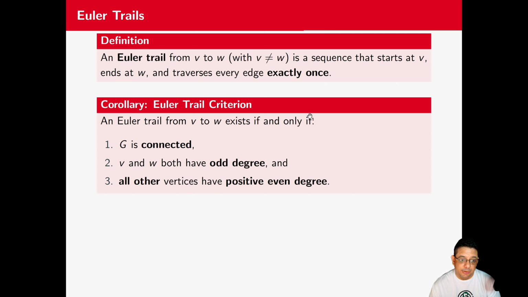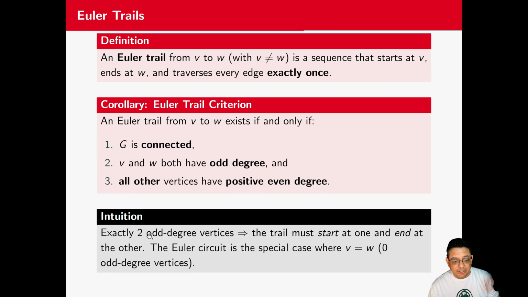A corollary of the Euler trail criterion is that an Euler trail from B to W is going to exist if the graph is connected, B and W both have odd degree, and all the other vertices have positive even degree. So exactly 2 odd degree vertices means that the trail must start at one and end at the other. The Euler circuit is the special case where B is equal to W.